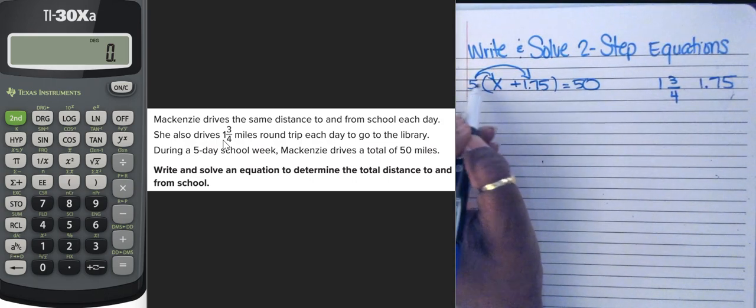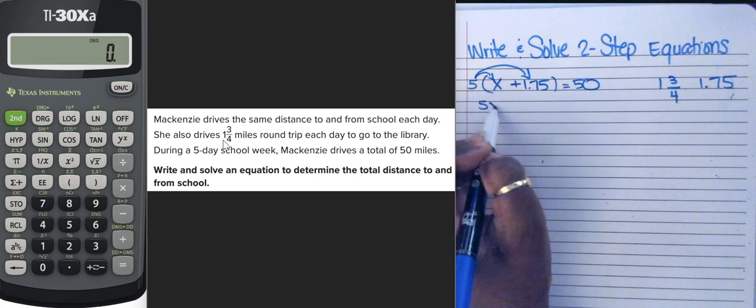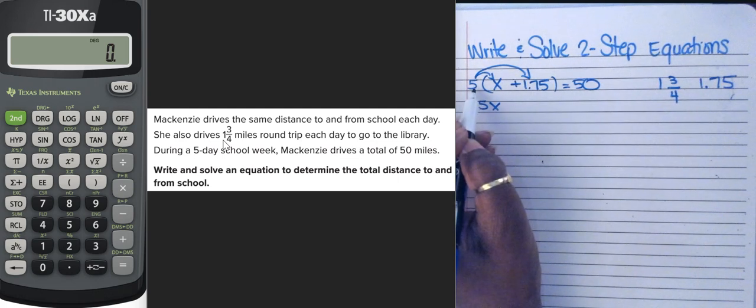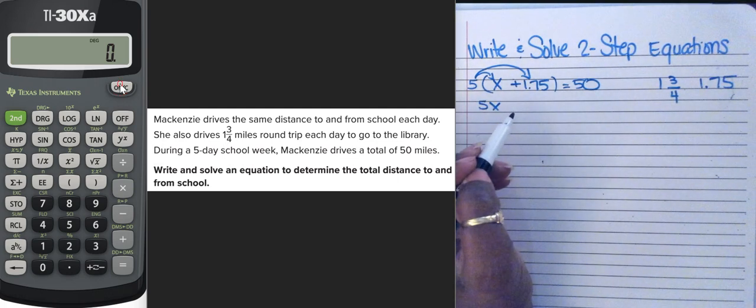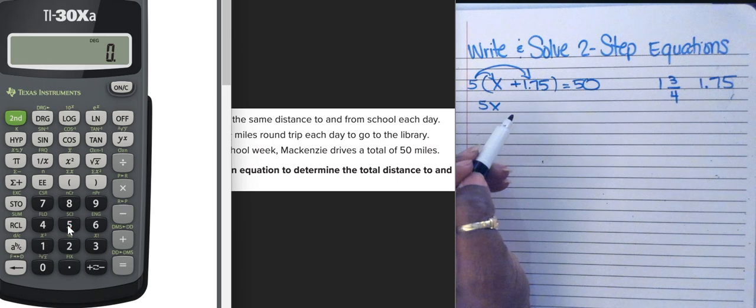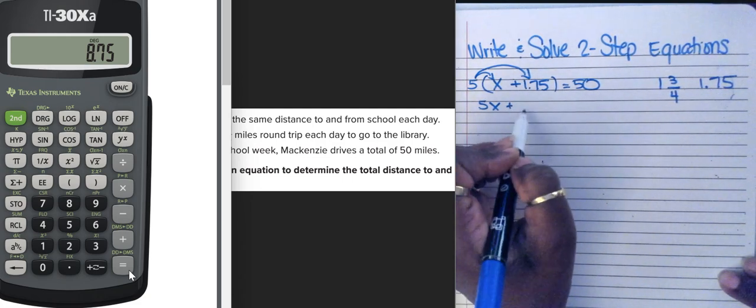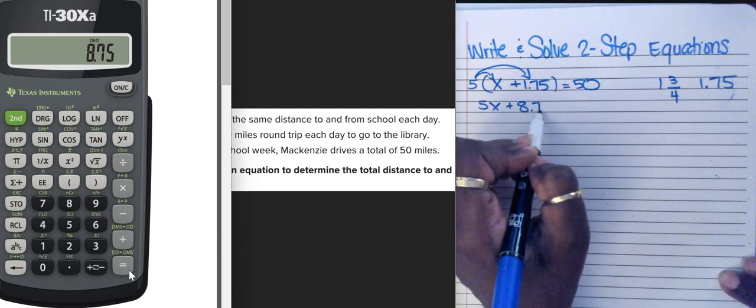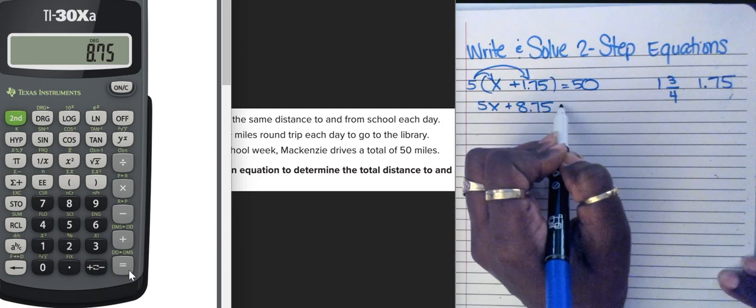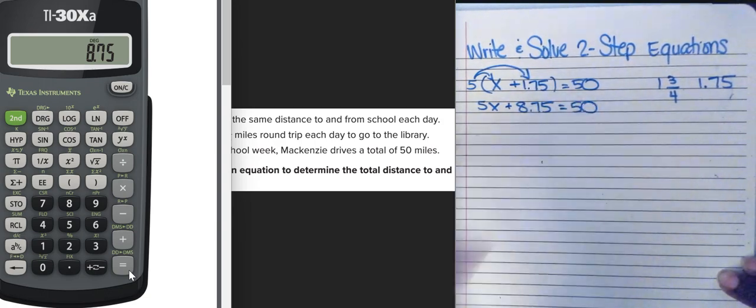So this becomes 5 times x, that's 5x. And then this is 5 times 1.75. 5 times 1.75 gives me 8.75. So plus 8.75, and that is going to be equal to 50.